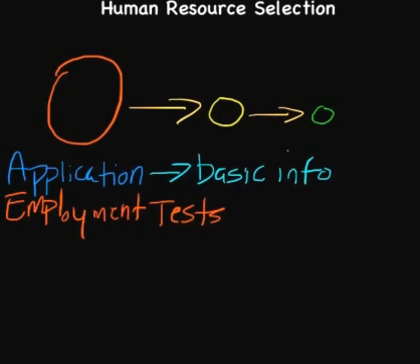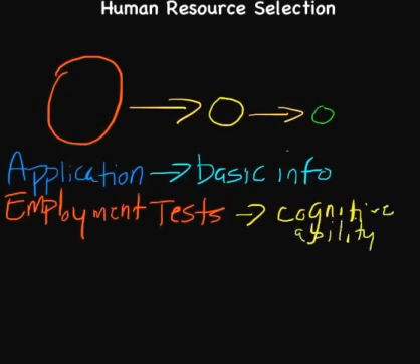Another thing you can do are cognitive ability tests, and this is under the umbrella of employment tests, of course. And I really am a fan of cognitive ability tests for a number of different reasons. The primary one, though, is that according to research, the greatest link to performance on the job is intelligence or general mental ability, meaning that the higher the IQ you are, the more likely you're going to perform better on the job.